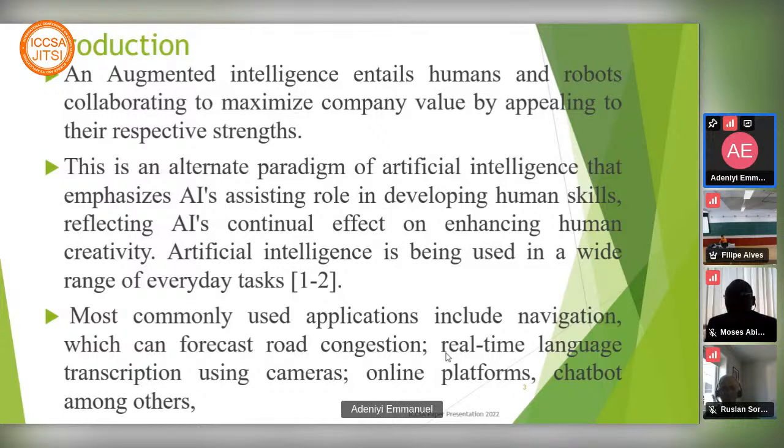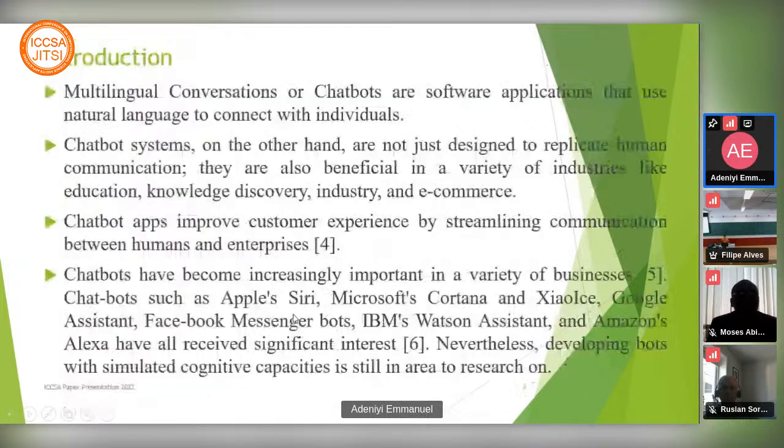This study proposes a multilingual service that will deal with the limitation of the existing systems by developing a system that allows multiple languages on chatbot agents. Multilingual conversational search chatbots are software applications that use natural language.